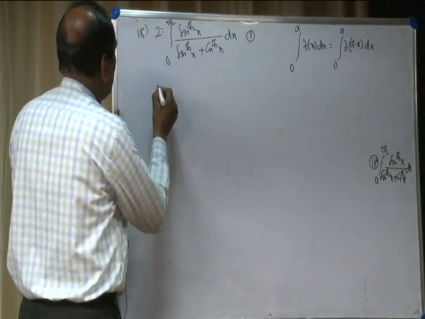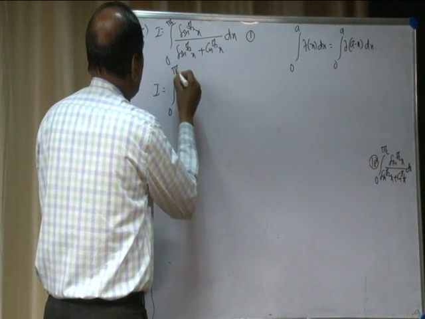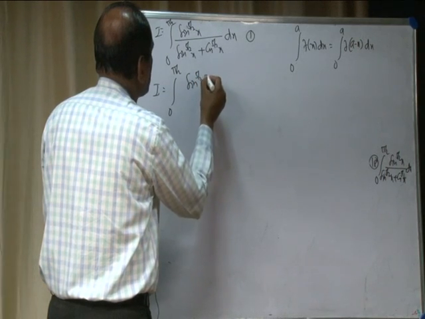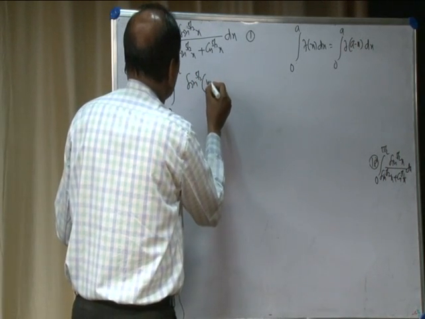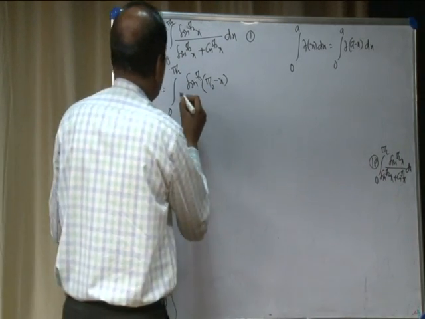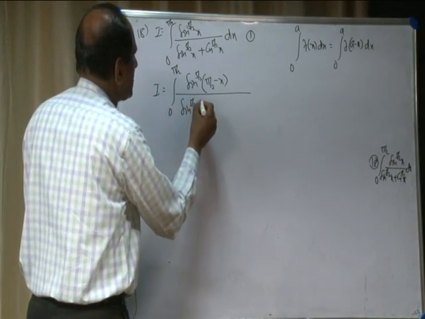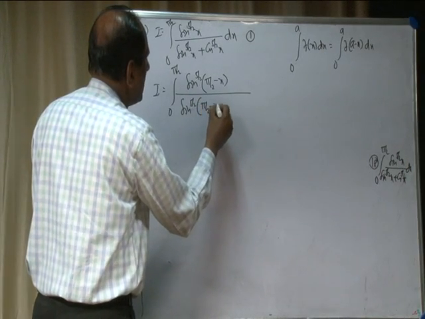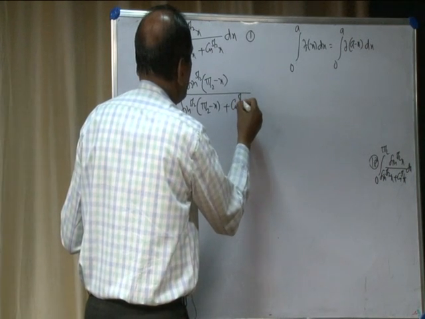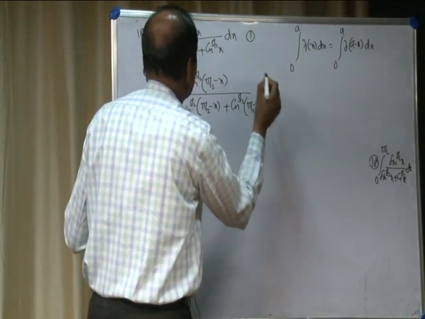Now, I is equal to integral from 0 to pi by 2 of sin of pi by 2 minus x, pi by 2 being the upper limit, divided by sin power 5 by 2 of pi by 2 minus x plus cos to the power of 5 by 2 of pi by 2 minus x dx.